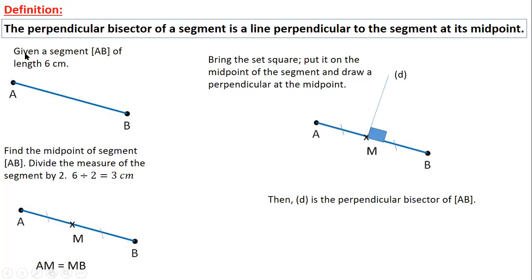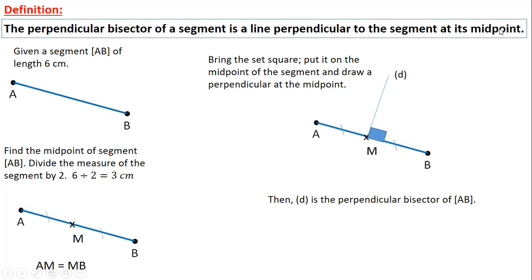Suppose you are given a segment AB of length 6 centimeters. We will bring the long ruler I showed you at the beginning, and you draw a segment AB, which is 6 centimeters, and you write A at the beginning and B at the end. Now, after drawing the segment, we should find the midpoint.